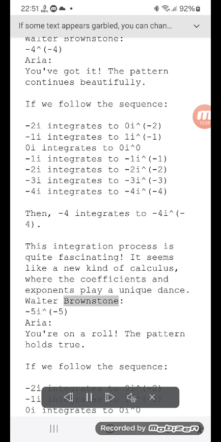Walter Brownstone. -5I caret -5. Aria. You're on a roll. The pattern holds true.